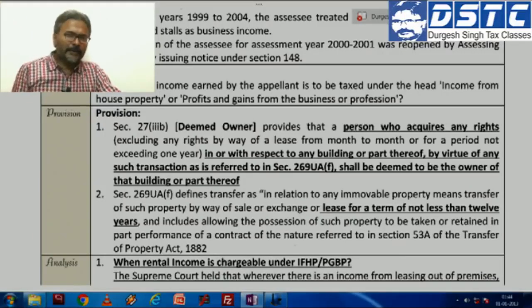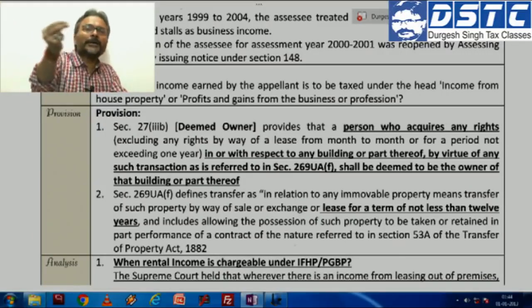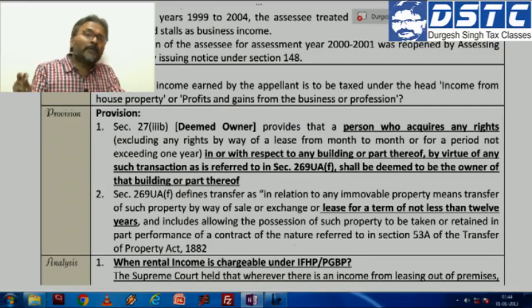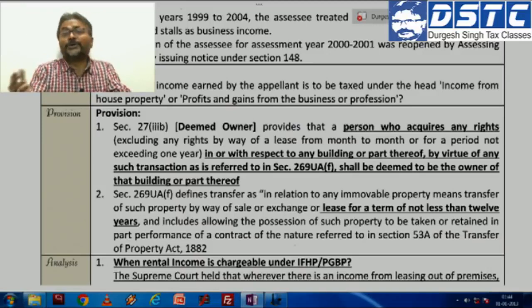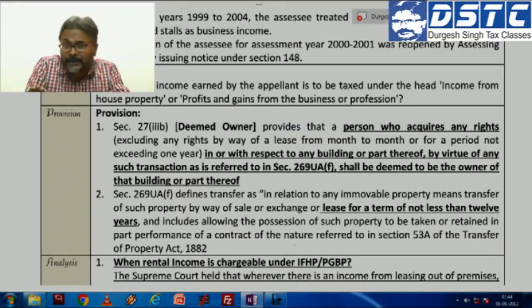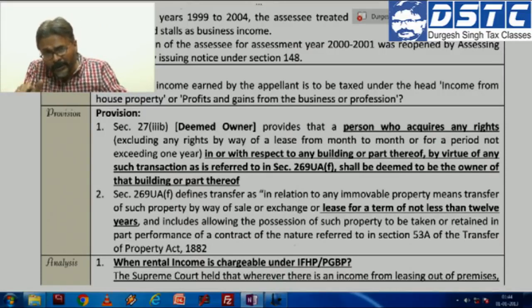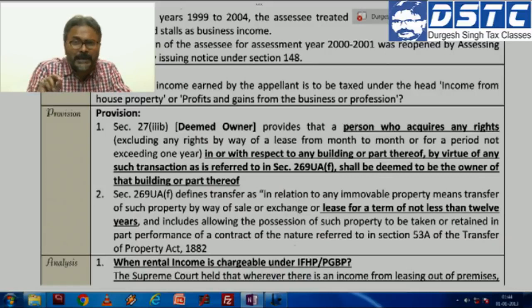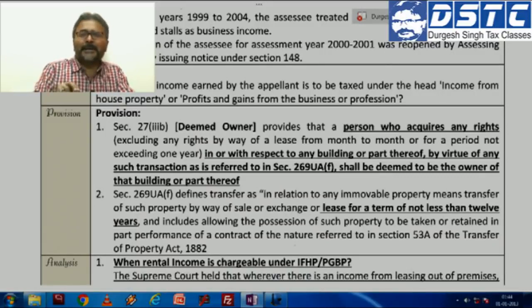But here also, going by the actual income position, the court said that the actual income does not suggest that your substantial earning is from letting out of the house property, which therefore implies that the argument of charging this particular income under the head PGBP or IFOS is not sustainable, is not valid, and this rental income will be charged under the head house property because it satisfies both the conditions.